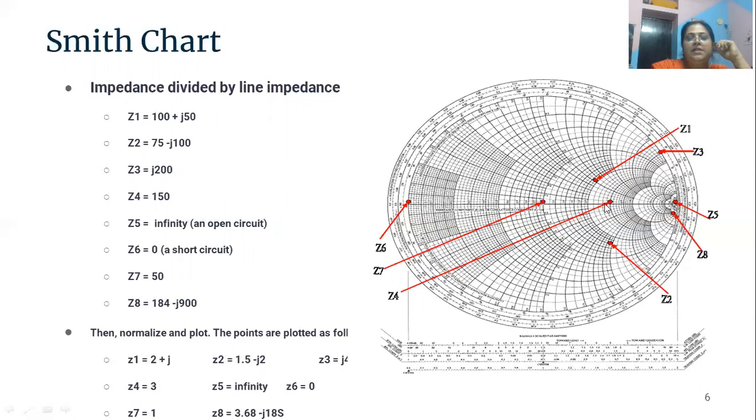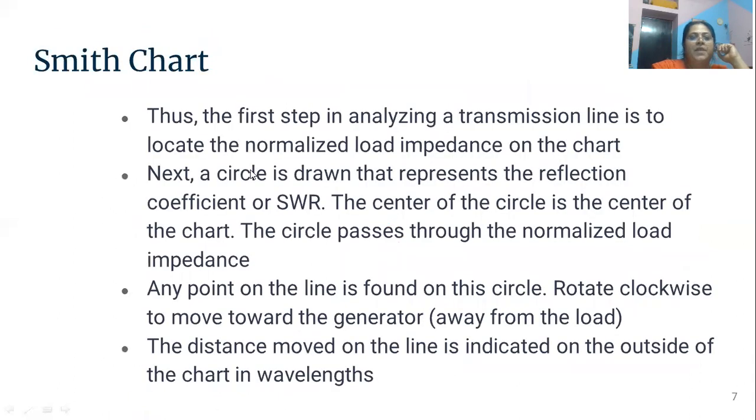In making the scale, we normalize these ranges into a certain range by dividing the impedances by the normalized value. Thus, the first step in analyzing a transmission line is to locate the normalized load impedance on the chart.